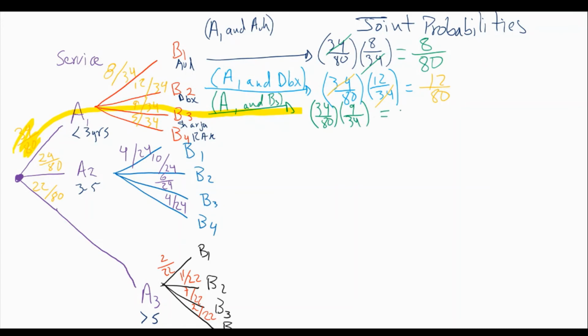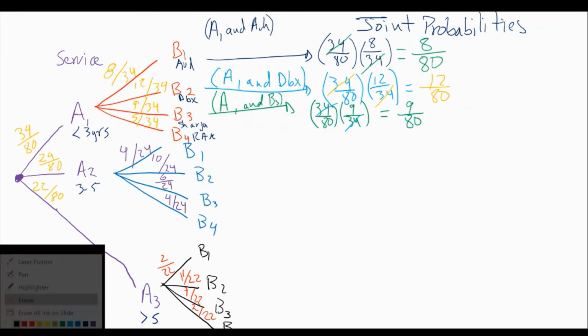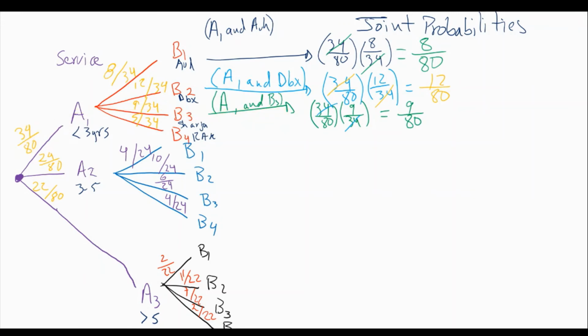Okay, the 34s go away, and that means 9 divided by 80. Okay, where did I get this from? This 34 and that 34 goes away. So 9 divided by 80. Okay, ladies and gentlemen, if any of you is listening here.